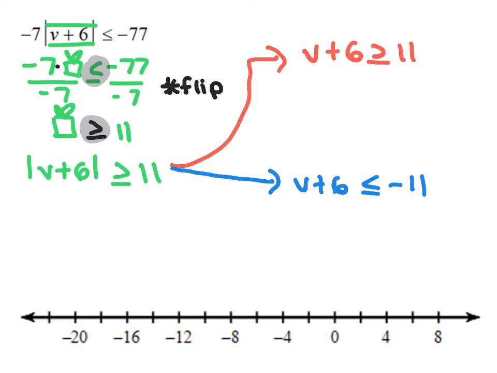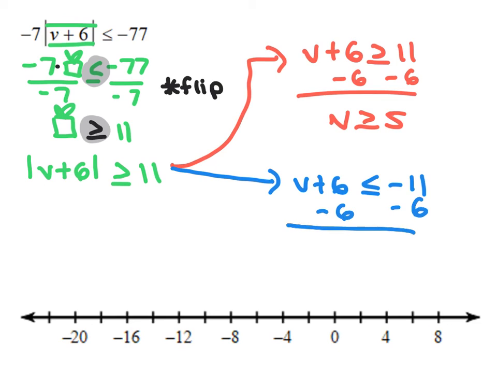Now to get the variable by itself, for the first one I would subtract 6, so you'll have v is greater than or equal to 5. For the second one, subtract 6, so you'll have v is less than or equal to negative 17.